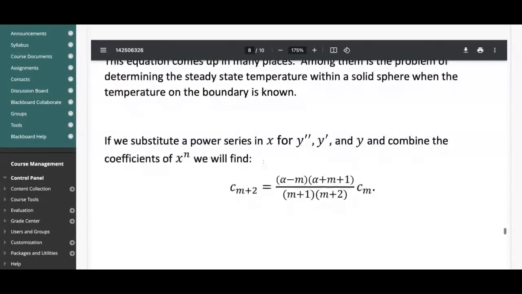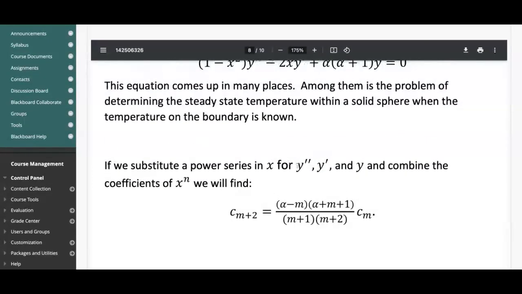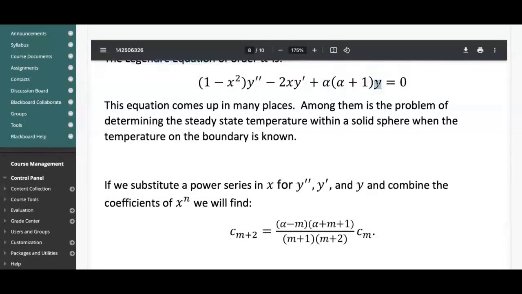So if we do the calculation, we use a power series. We say y equals an infinite power series. Then we can find y prime, then y double prime. Then we plug back into this equation.